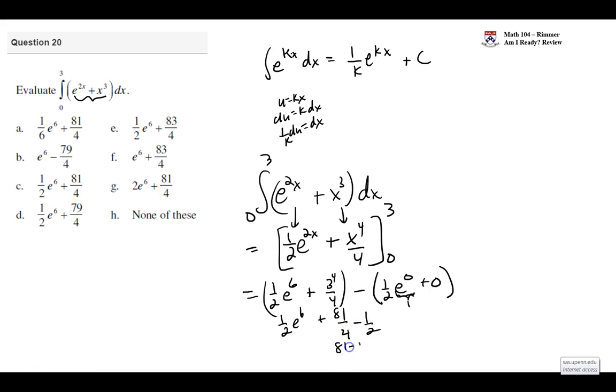So 81 minus 2, all over 4, and that'll be 79 over 4. Half of e to the 6th plus 79 over 4.